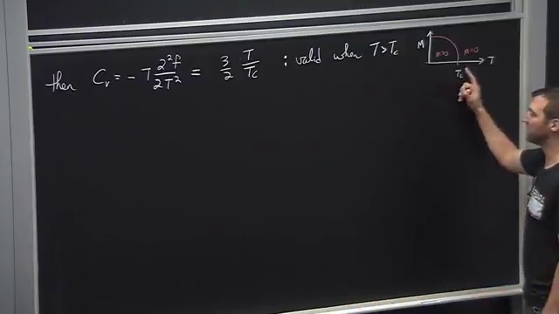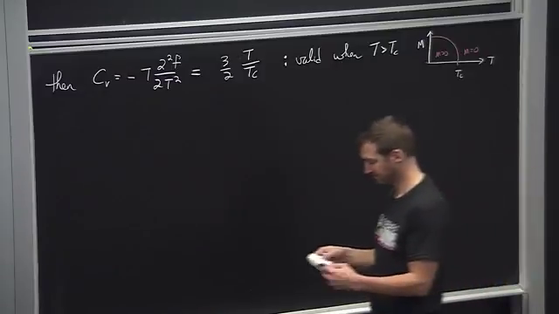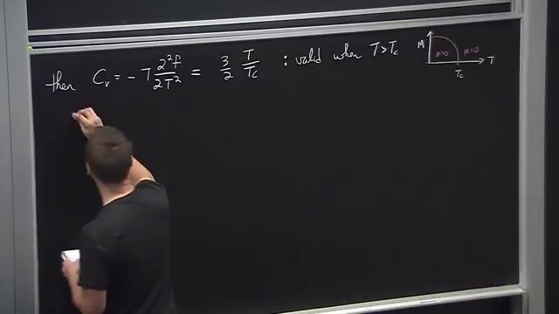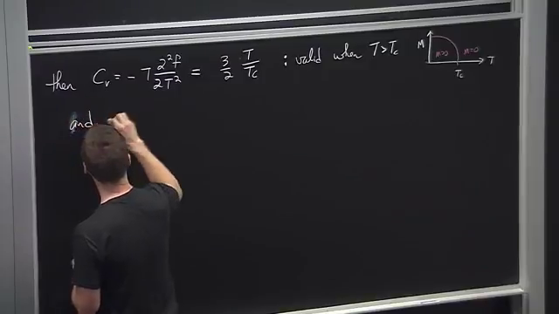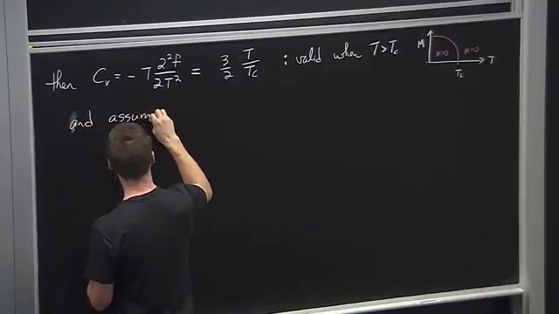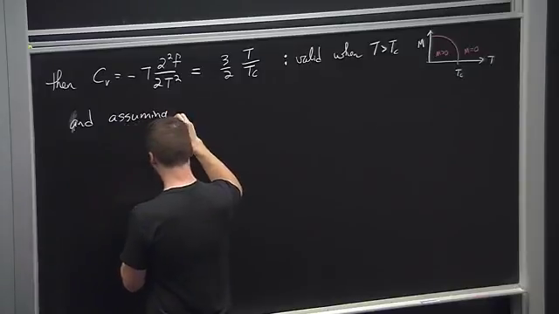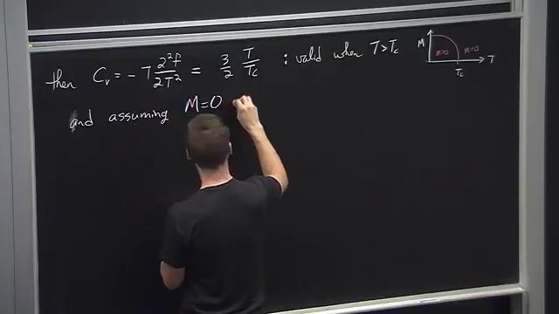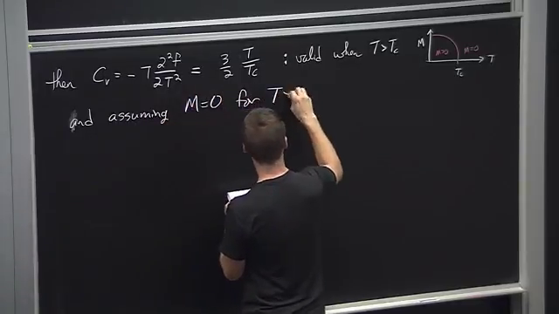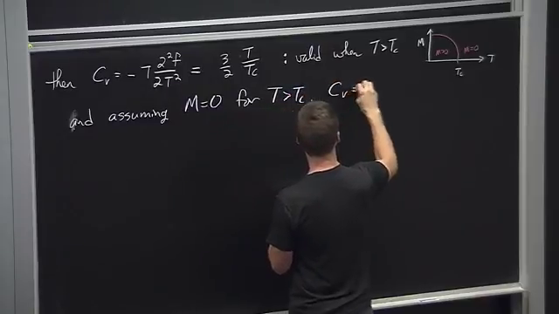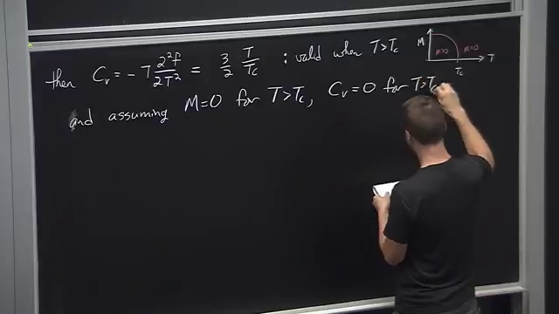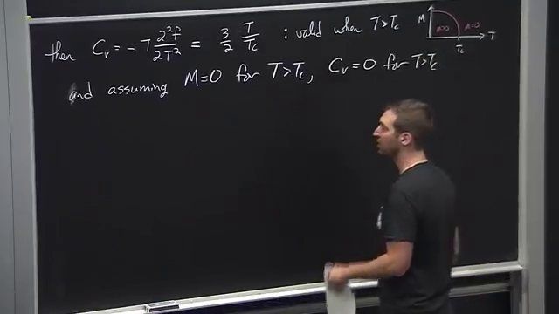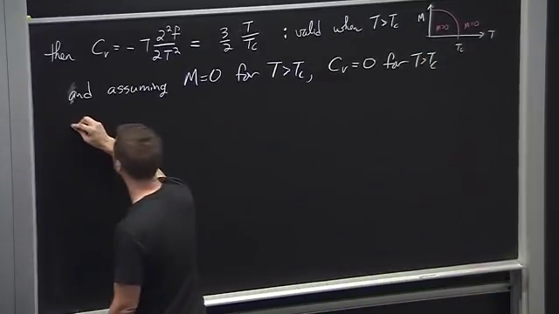I just have a 0 magnetization there. So I can say T greater than TC, okay?